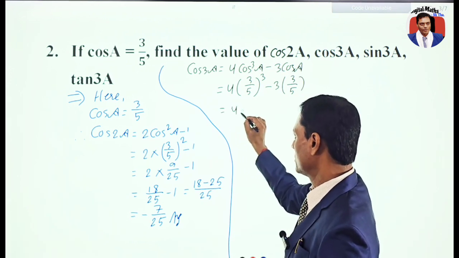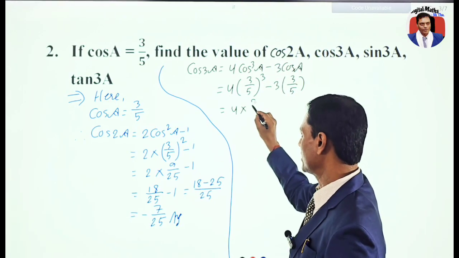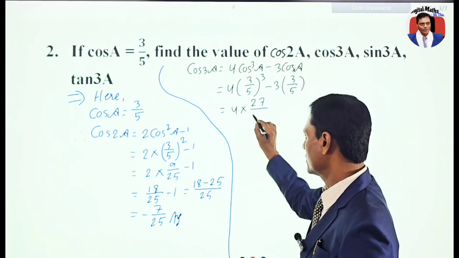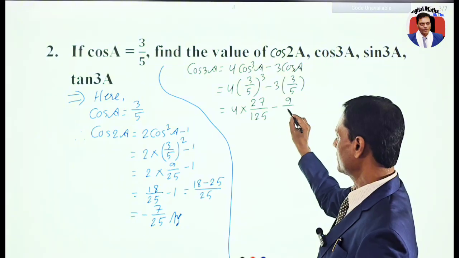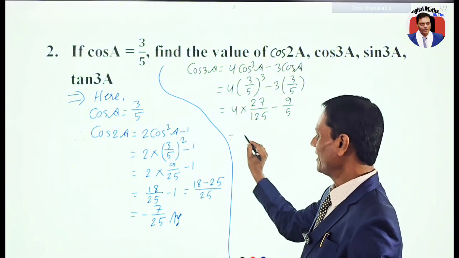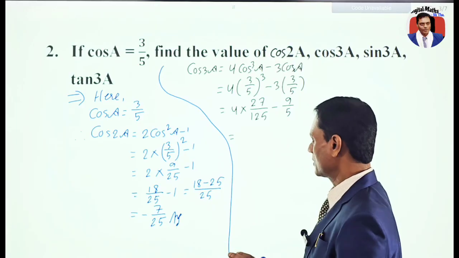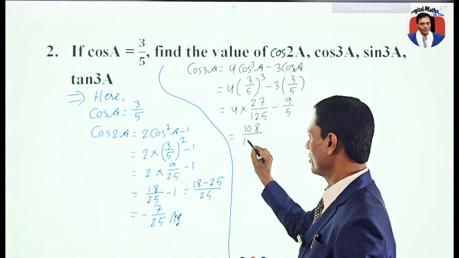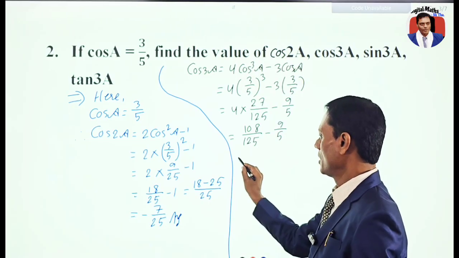Now that is 4 and 3 to the power 3, that's 3 into 3 into 3, that gives us 27. And similarly 5 into 5 into 5 gives us 125, minus 3 into 9 over 5, right? And we can find the product of 27 and 4, that is 108 over 125 minus 9 by 5.